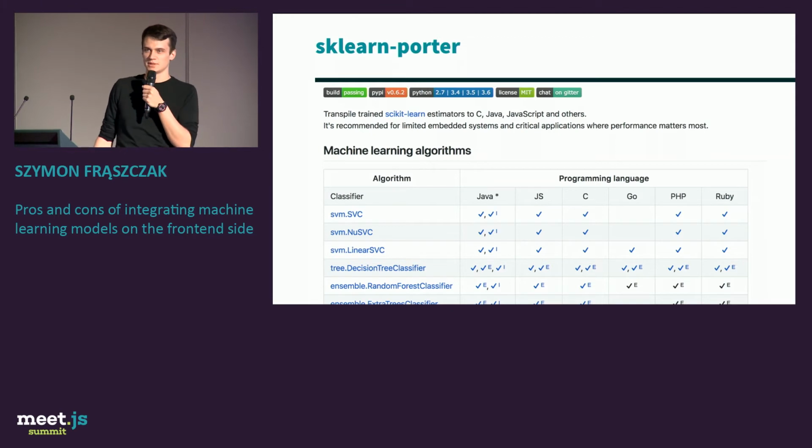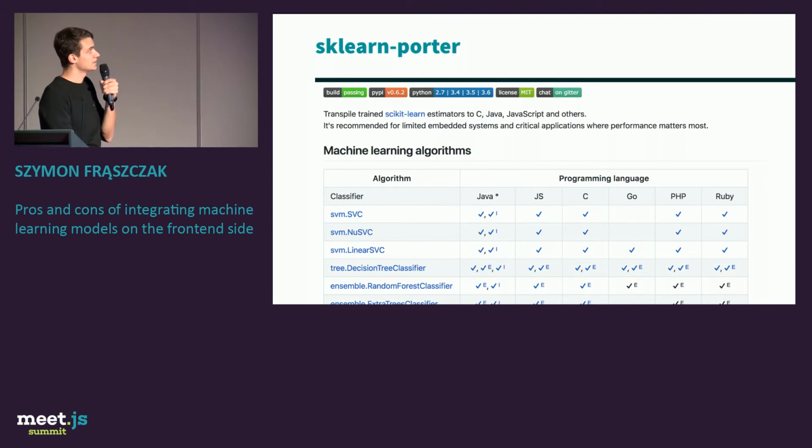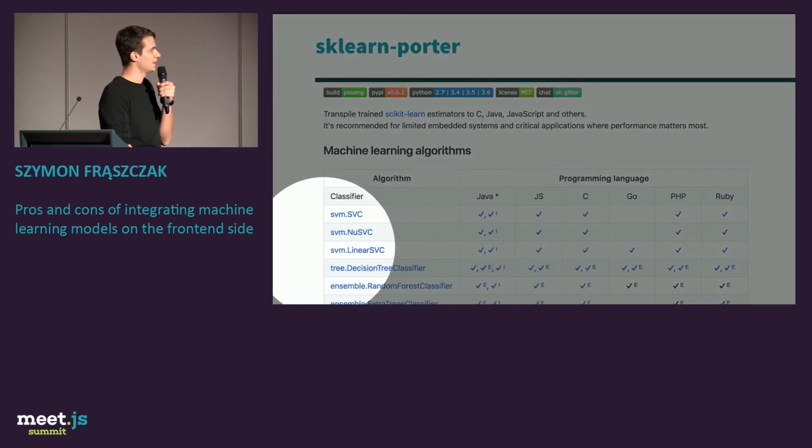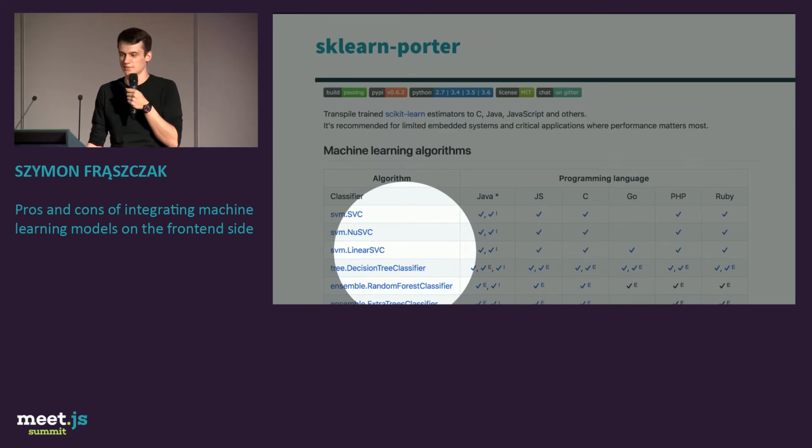It's a Python library that gives you the possibility to transpile your model trained in Scikit-Learn to a selected programming language. And as you can see on the screen, here we have JavaScript and decision tree classifier. This is why we decided to try this approach and check whether it works fine.